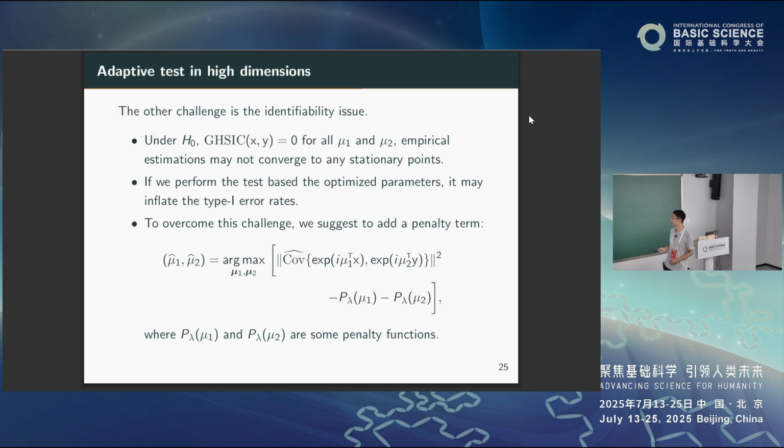In this case, the penalty will dominate the first term, the covariance. So maximizing this sum is approximately equivalent to maximizing the minus penalty. If we use, for example, the L1 norm penalty, minimizing the L1 norm penalty is certainly there. So this can address the unidentifiability issue.